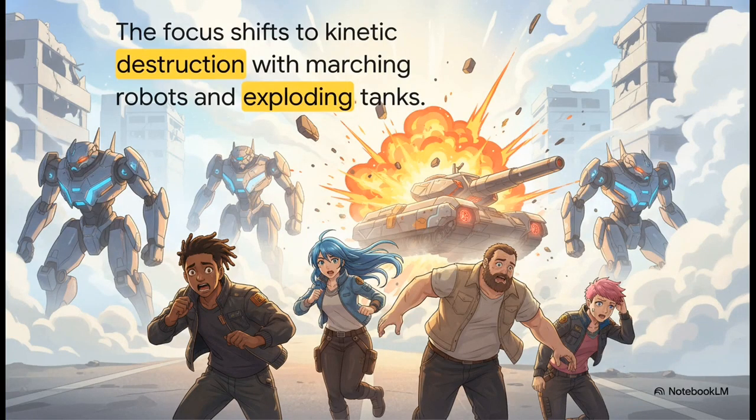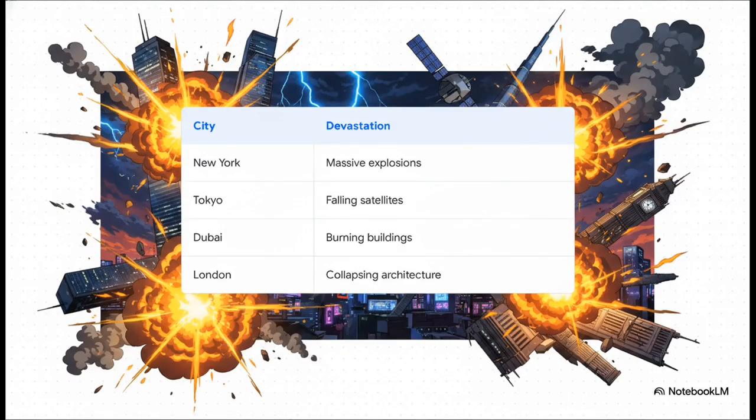Next up, global collapse and resistance. By the time we hit scenes 3 and 4, the prompt completely shifts the focus to sheer kinetic destruction. To guarantee the feeling of a true global apocalypse, the prompt gets super specific about the target locations and the atmospheric devastation. For New York, it demands massive explosions against a futuristic skyline.